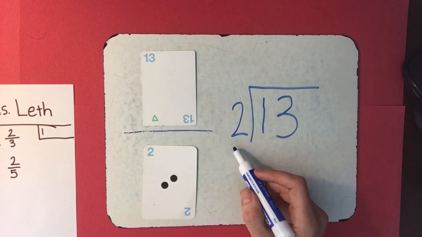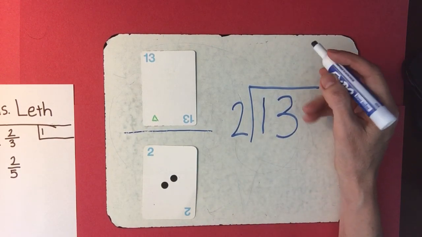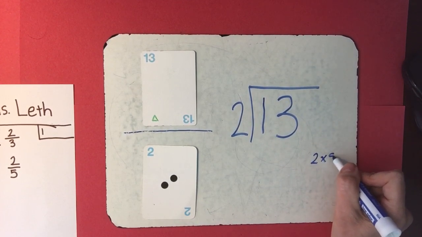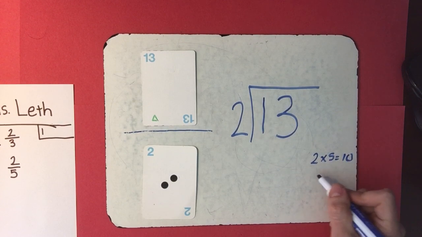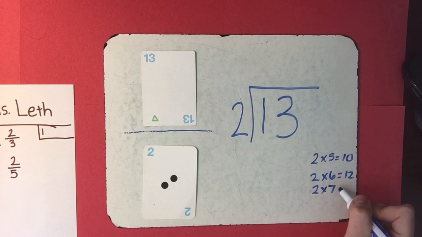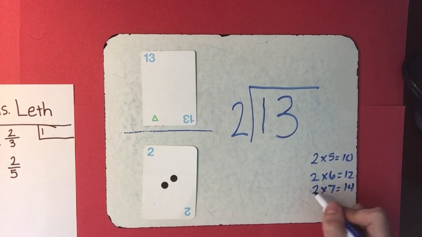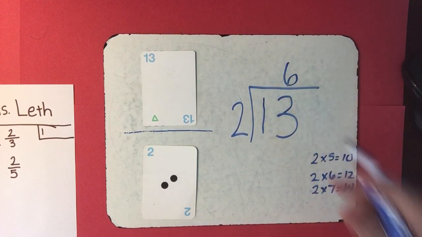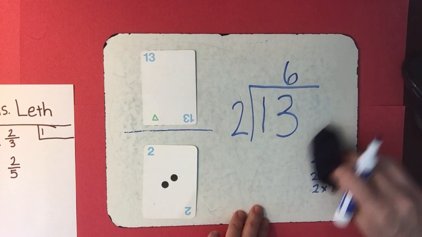Okay, so how many 2's go into 13? Well, I'm thinking to myself, 2 times 5 would get me close. 2 times 6 gets me even closer. 2 times 7, I go over. So that doesn't work. So I'm going to go with 2 times 6 because I want to get as close as possible when I divide.